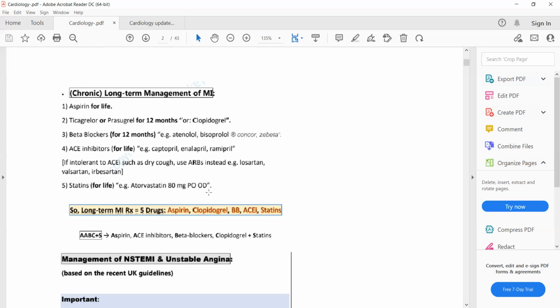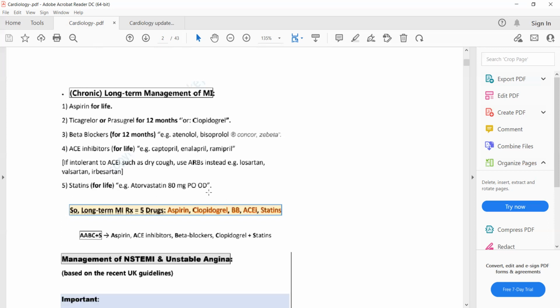Is it clear to everyone? Is there any question? Yes, I have a question. When we do angioplasty immediately, that is when the patient is unstable, am I right? But if the patient is stable, then we will try to give drugs.